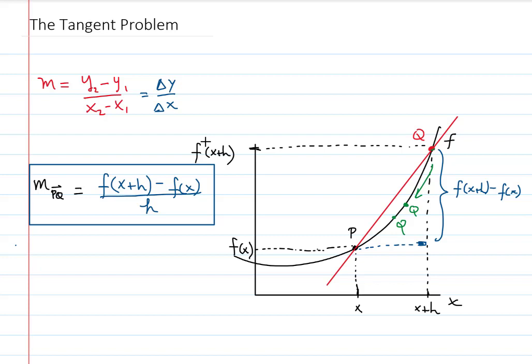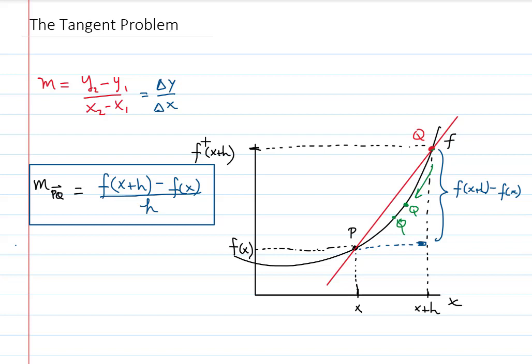Remember, the point is to get closer and closer to this point P without having to actually get there. Because as soon as we get to P and we let Q be equal to P, then we no longer have 2 points. We just have 1 point, and then that keeps us from using this slope formula because we need 2 points.